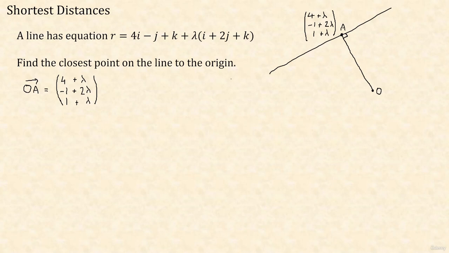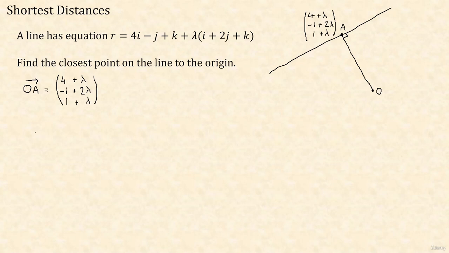And now we can use the property that the vector OA is perpendicular to this straight line. And so we can use the dot product here and we can apply it to the directions. The position vector of this straight line doesn't matter. What matters is its direction.